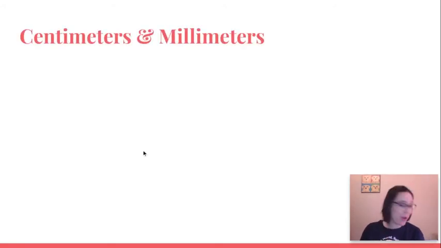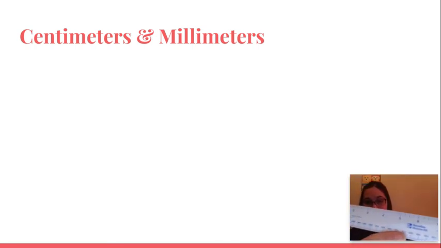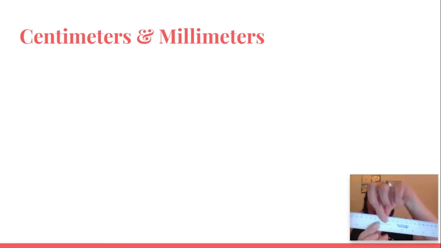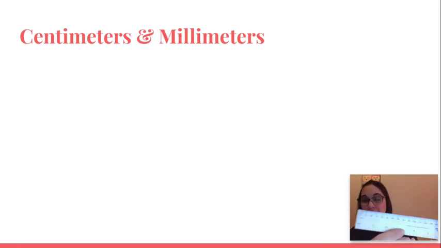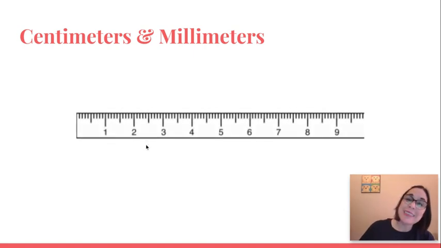So let's talk about using rulers. In your folder, everyone should have a ruler, and we were using this side last time, inches. Flip it over. We're going to use this side of our ruler when we measure metric. So we're going to talk about centimeters and millimeters.